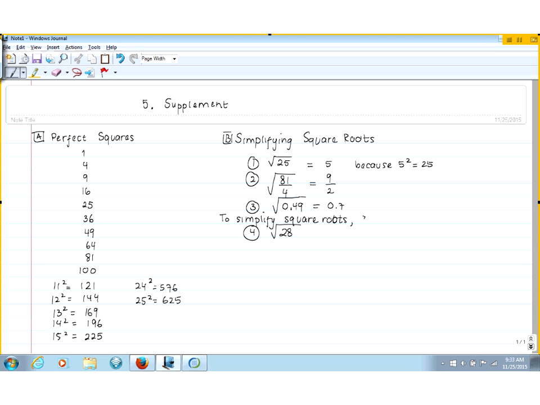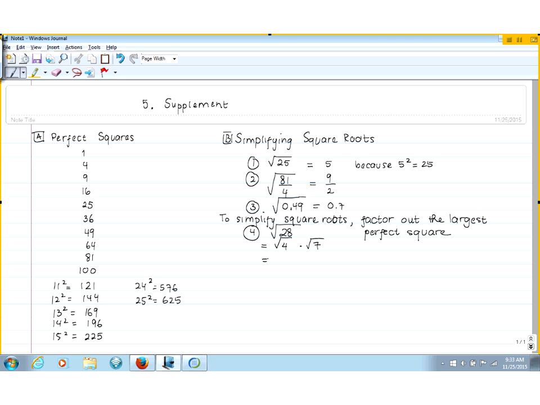But if it's not, then we factor out the largest perfect square from the radical. What is the largest perfect square you could factor out from 28? 4? Yes, you're right. So the square root of 28 is the square root of 4 times the square root of 7.